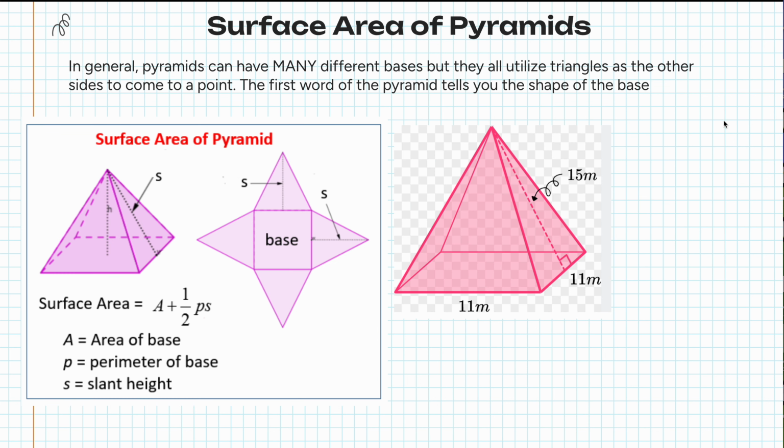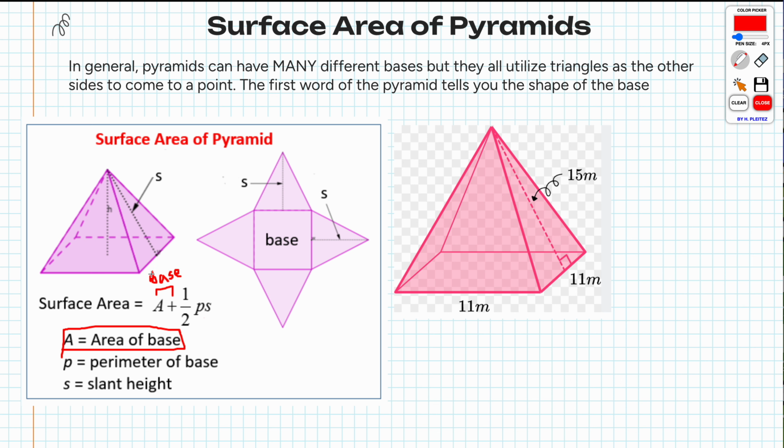For surface area of pyramids, this is the formula here. Surface area is A plus 1/2 of PS. A represents the area of your base, right? Whatever your base is, if it's a square, if it's a rectangle, A is going to be the area of your base. So label that this is your base. And in pyramids, there's only one base, right?